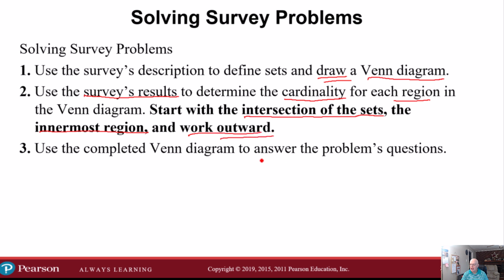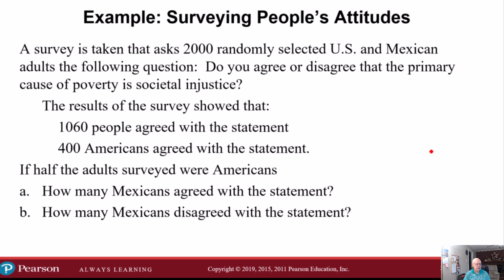And then when you've got all those regions written in, there's 120 here, 75 there, and so on. When you've got all those regions filled in, then go back and answer the questions that were given in the problem. Next, we've got an example here.